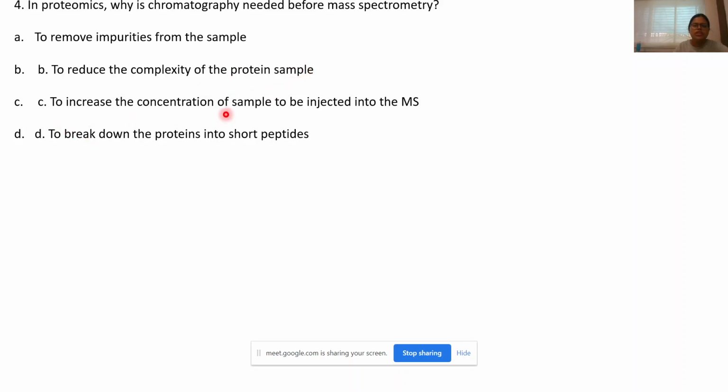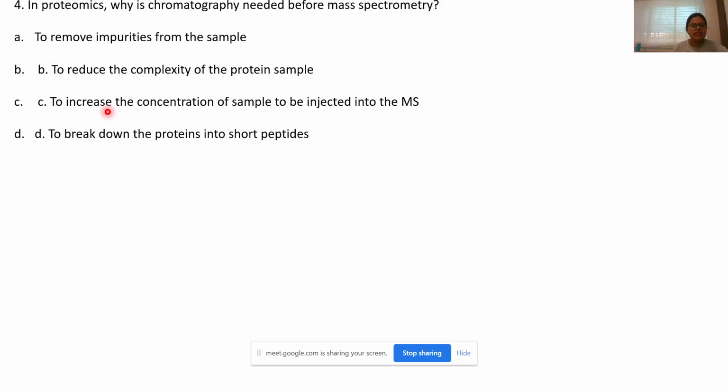Option C, to increase the concentration of the sample to be injected into the MS, and to break down the proteins into short peptides. I think A and C are correct.